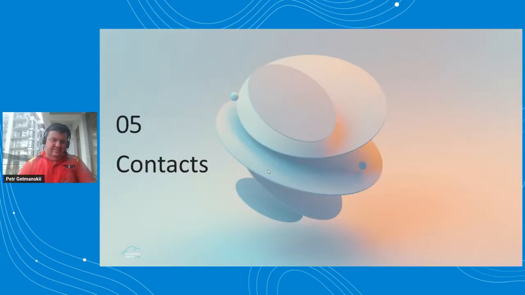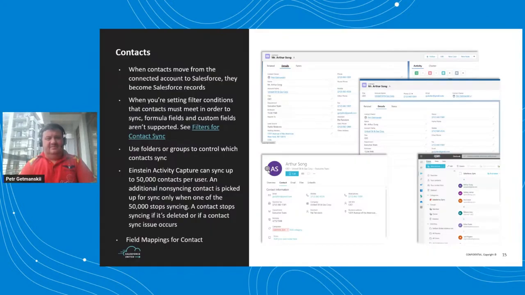Our next part is on how contacts sync. Almost the same as for events, contacts are records on the connected account and records in Salesforce. Field mapping is pretty simple and straightforward. You can set up a filter condition to choose which contacts should be synced if, for example, you have a couple of contacts with the same email or maybe the same last and first name.